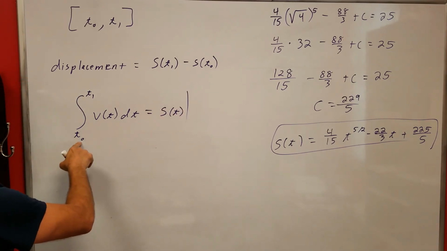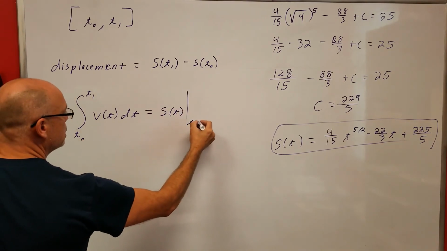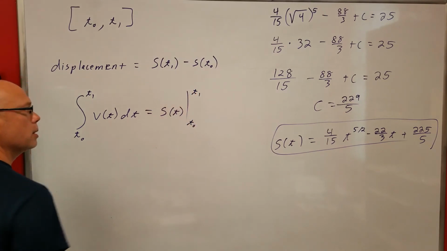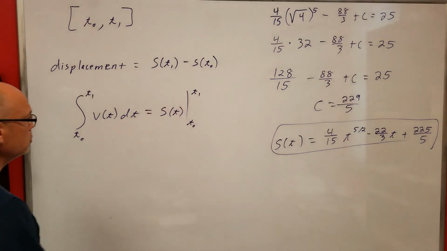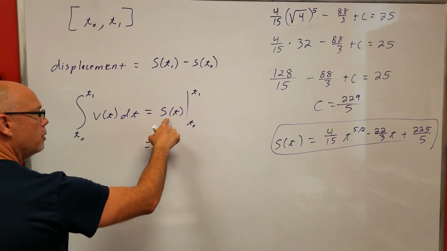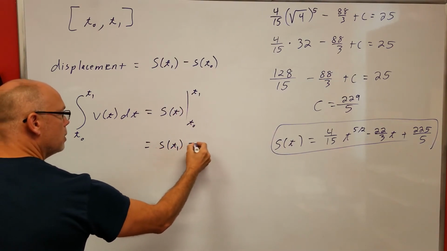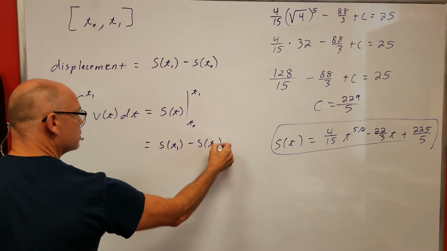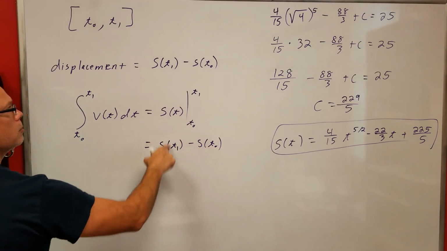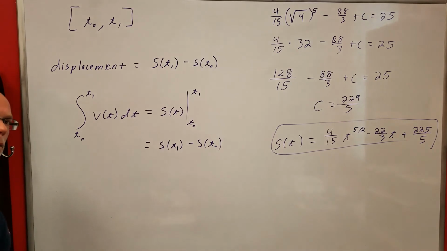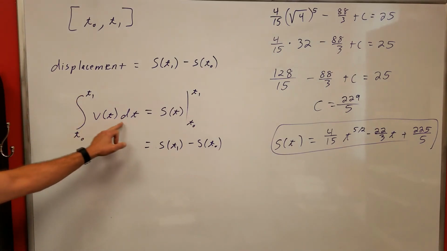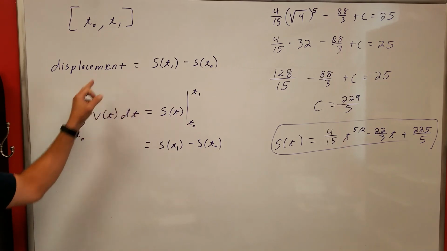And where do I need to evaluate it from? t sub 0 to t sub 1, right? And how do I do this? I evaluate s at t sub 1 minus s evaluated at t sub 0, right? Well, doesn't that look like that? Yeah. So what are we saying? We're saying a displacement we can get by this integral right here, okay?